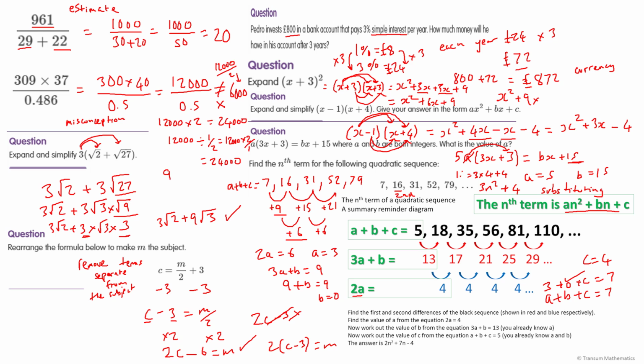That does equal 16. Perfect. And just try the third term. 3 squared is 9. So 3 times 9 plus 4. Well, we know that's 27 plus 4. And that equals 31. It works for both, so it's likely it's going to work for all. So the answer is 3n squared plus 4.